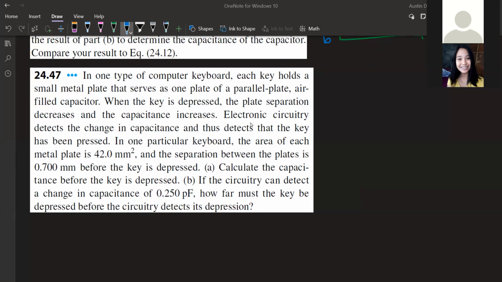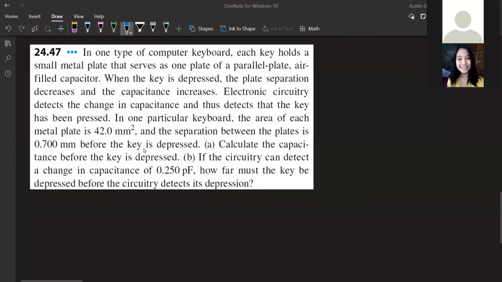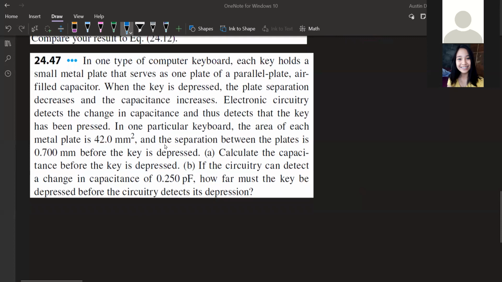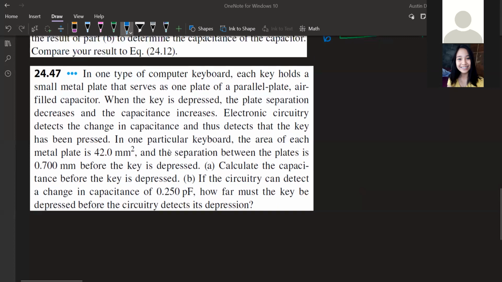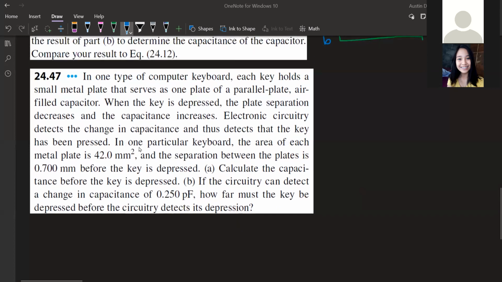Okay, so yung circuits natin, tinitingnan niya kung how much the change in capacitance, and kapag naabot niya certain threshold for that to change, magre-register siya ngayon ng signal that the key has been pressed, no?